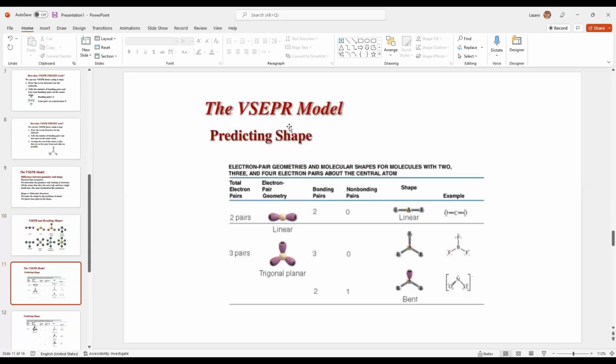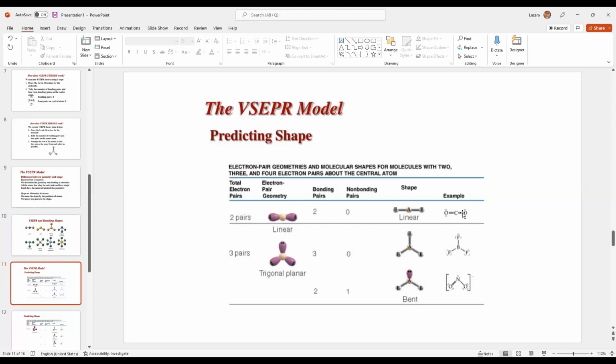Let's predict the shape using this theory. For example, we know that this molecule has 2 bonding pairs of electrons, but there are no non-bonding pairs, so the molecule is linear.